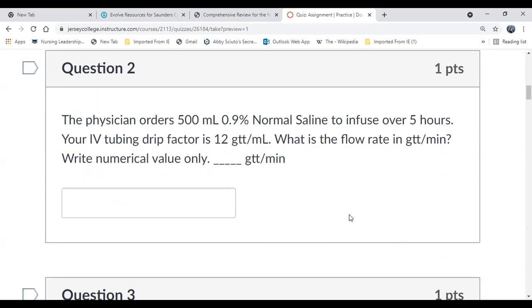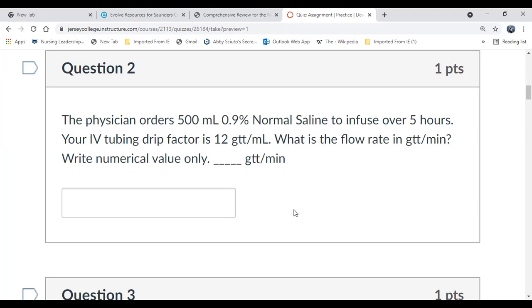The next one states, what is the flow rate in drops per minute? That drops per minute tells us how to set up the problem. Anytime you have a drops per minute problem, you need three things. You need the volume, which is usually always going to be in mLs. You need your time in minutes.